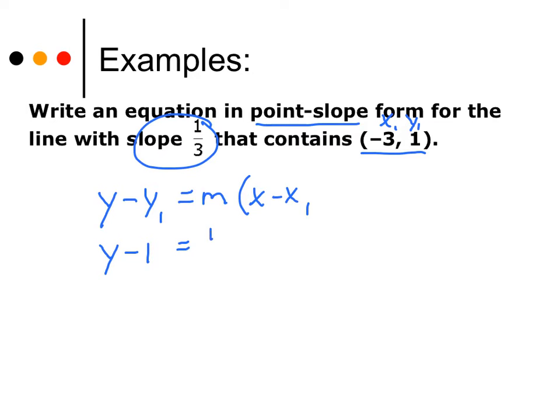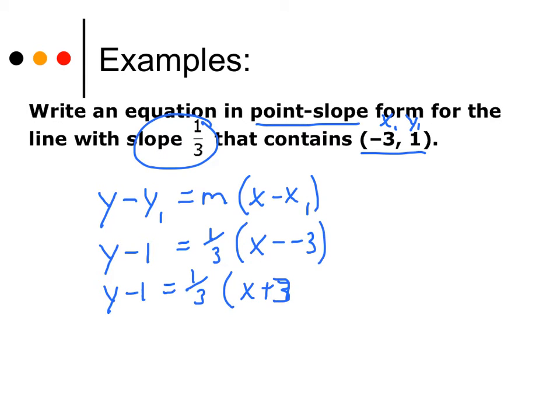Your slope is 1/3. I forgot to put parentheses. And then x minus a -3. And let's simplify that. And all we have to do is now do keep change here, and we get x plus 3. And that is the answer that we're looking for, because all we want is point-slope form. All right, next example.